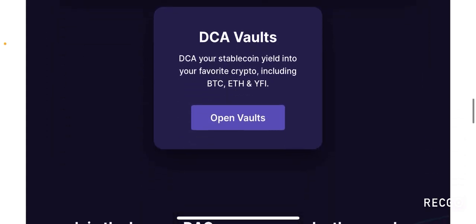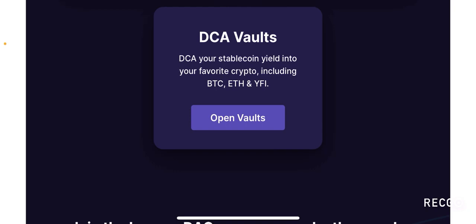So DCA wallets are basically dollar cost averaging wallets that use your stablecoin yield to buy your favorite crypto, which includes BTC, ETH, and YFI. So if you earn stablecoin yields, those yields can be used to purchase Bitcoin, ETH, and YFI in a passive manner.